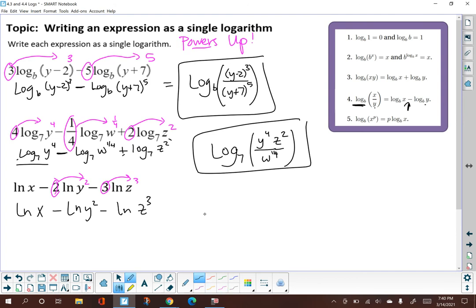So like I said with the last example, it's going to be the natural log of a fraction because we've got some negatives there. Any argument from a positive log goes to the top. Any argument from a negative log goes to the bottom. And then this last log is also negative, so that z to the third goes to the bottom. And that's our final answer.